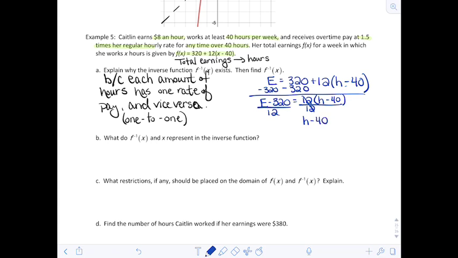So I have h minus 40 equal to (e minus 320) over 12, and I'm going to add 40. So I now have h equal to (e minus 320) divided by 12 plus 40. So this is my inverse.